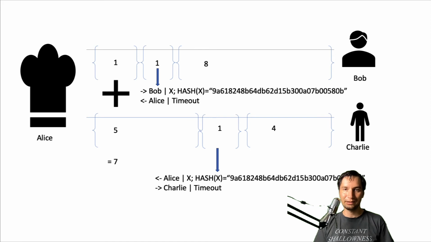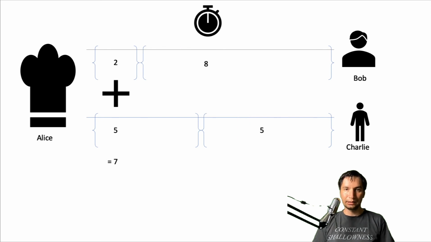So that's the case of the timeout. And Bob should have 8 Bitcoin. In the channel between Alice and Charlie, Alice should have 5 Bitcoin and Charlie should also have 5 Bitcoin. So in the case of timeout, nothing happens and everything returns to the original state as was before any payment was attempted. So how do we actually proceed with the payment?